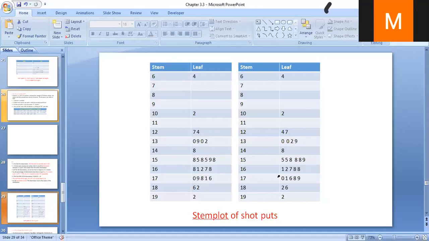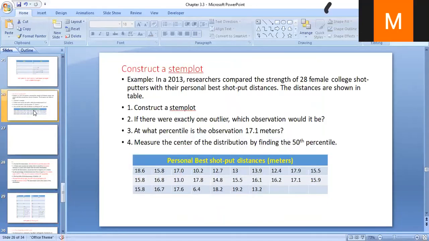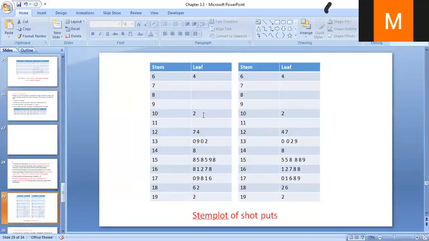And 0168962, you can write 26 and 2 number 2. After you list everything from the table, you arrange again from the small to the large. That is the last.